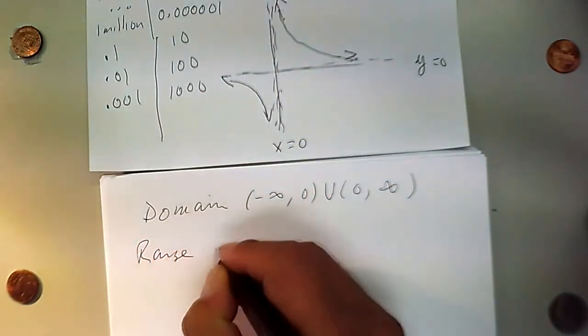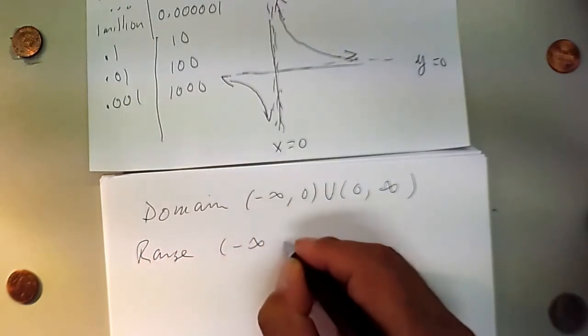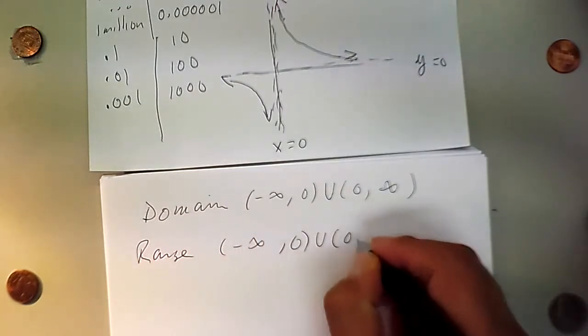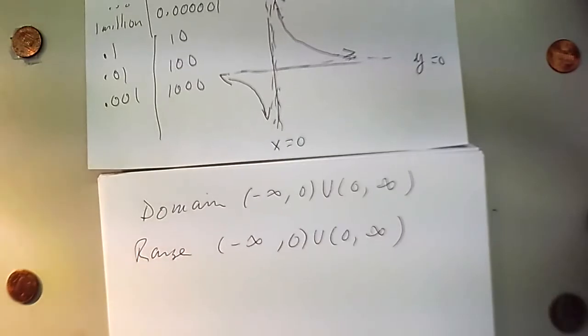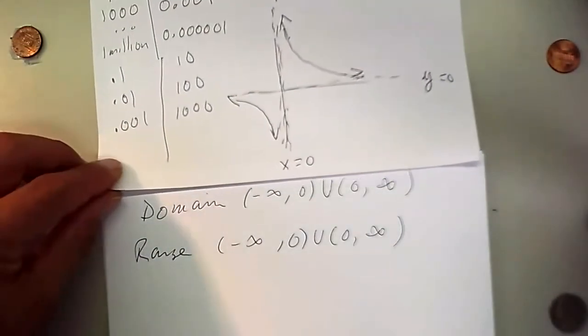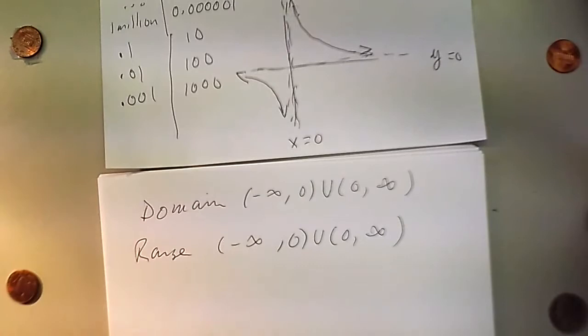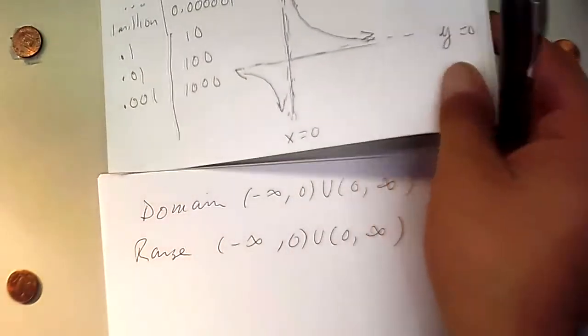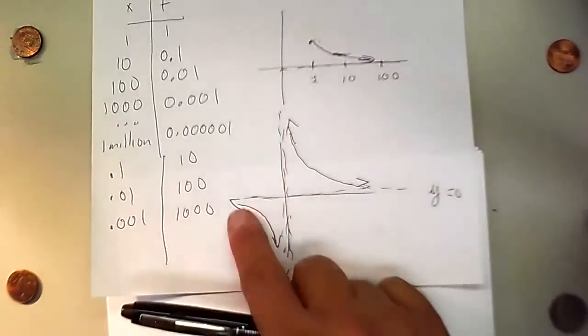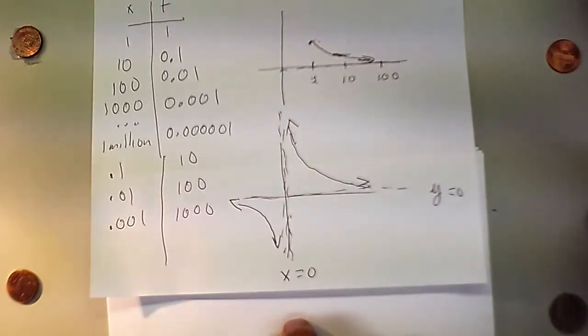So the range goes from -infinity to 0, union from 0 to infinity. That's the range. Symmetry: there are no x-intercepts or y-intercepts. We don't cross the x-axis or the y-axis at all.